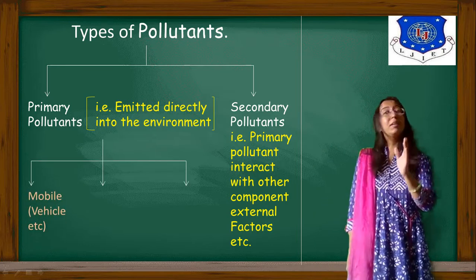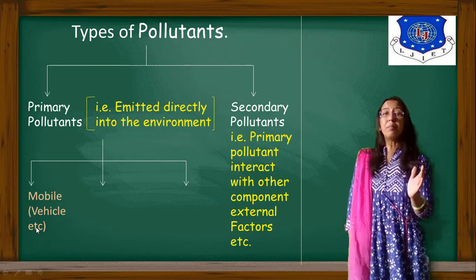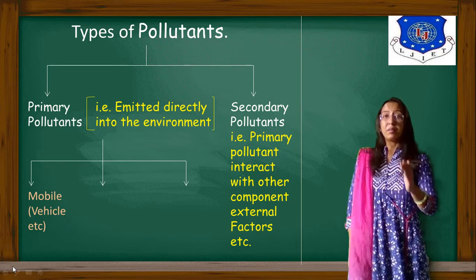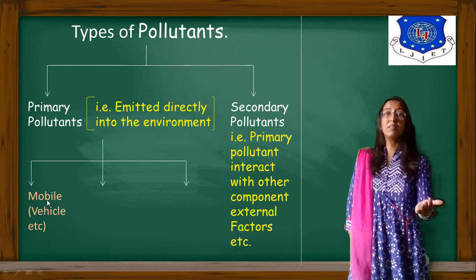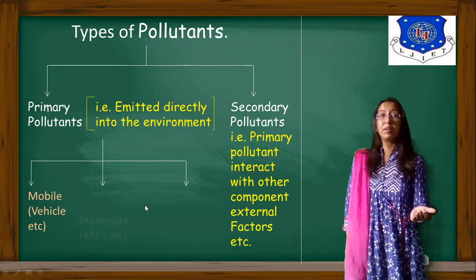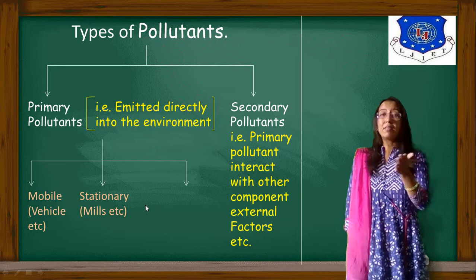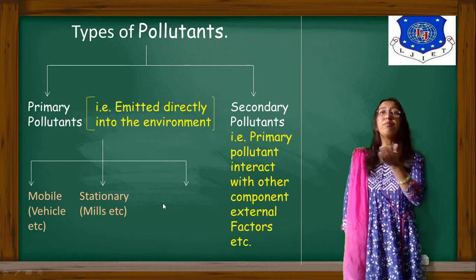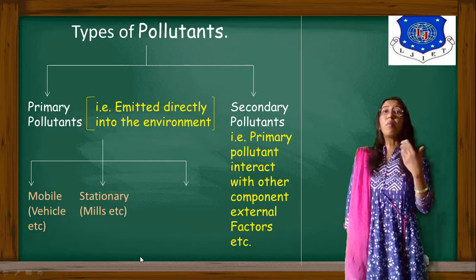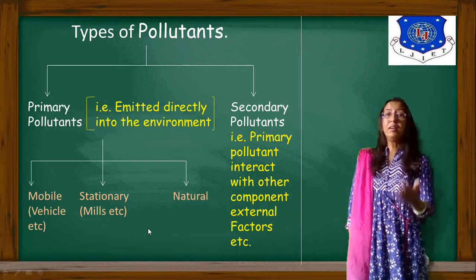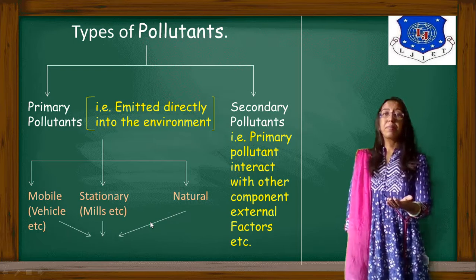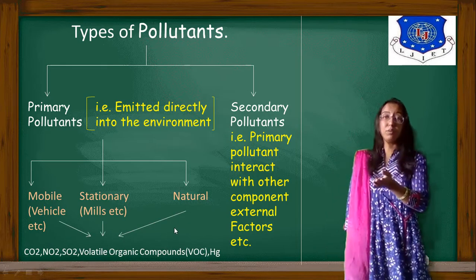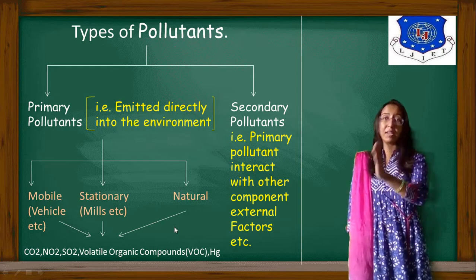Primary pollutants are divided into three parts. Number one, mobile, due to vehicles creating pollution. So this is mobile pollutant. Next is stationary, due to mills and factories creating pollutants. Then natural. So here we have discussed different types of pollutants, primary and secondary.